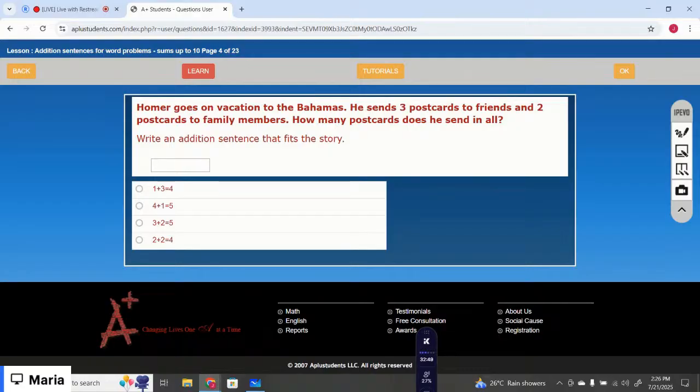That would be 3 plus 2. Very good. Option number 3 is the correct option. 3 plus 2 equals 5.